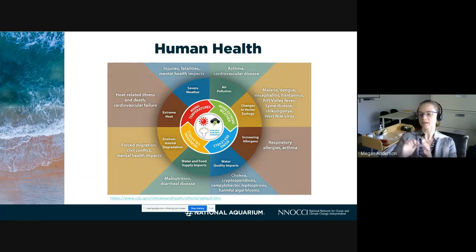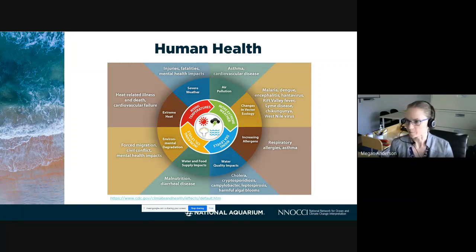And then another big piece to look at with climate change is the impacts on human health. As we experience more extreme weather like flooding, we'll see impacts on water and food supplies, and flooding could lead to malaria and other diseases related to that.